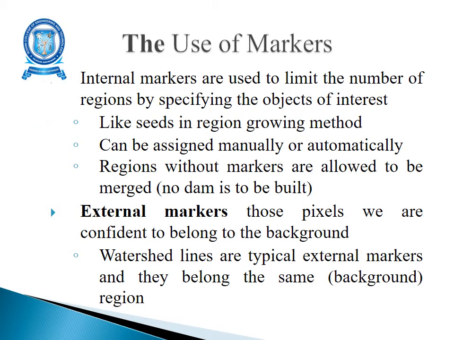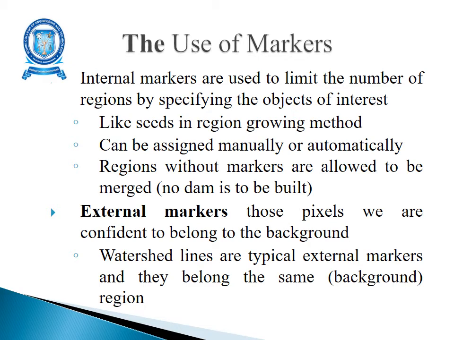Okay, so the next thing is the use of markers. As I told you, we will have 2 different types of markers. One is the internal marker and the next one is the external marker. Internal markers are used to limit the number of regions by specifying the objects of interest. That is, we have to calculate the seeds in a region. What is a seed in a region? We just choose the seed points that are present within the particular region, and we develop or grow the image from those chosen seed points.